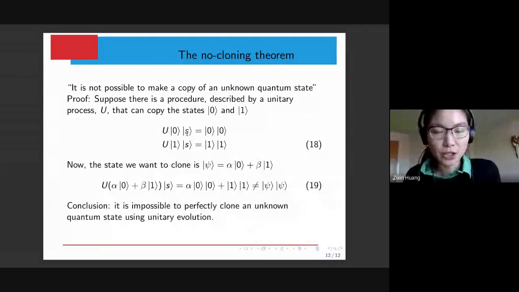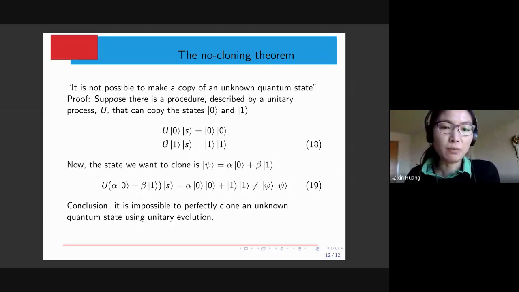So the notation there is that the 0 state in equation 18 is the original system that I want to copy, and I want to copy it onto the state S. And suppose that the procedure can succeed, so I end up with 2 copies of the 0 state. Is that clear to everybody? Okay.